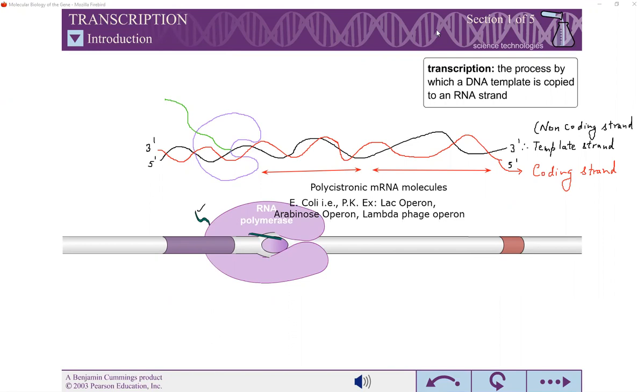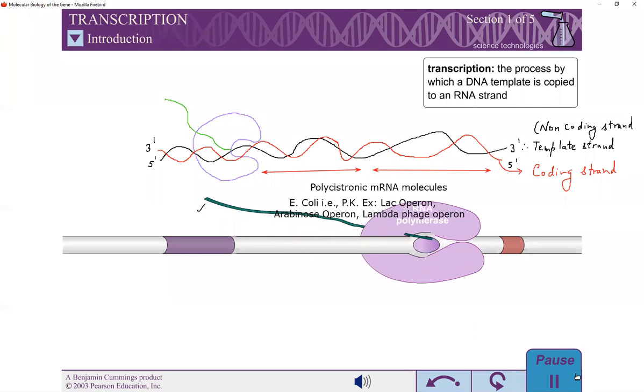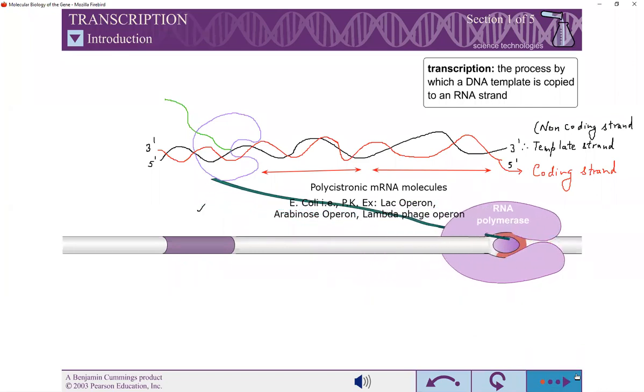Now, deleting all the things from here, let us have a look at the animation also. The primary enzyme of transcription is RNA polymerase. This is the RNA polymerase that is going to move forward.